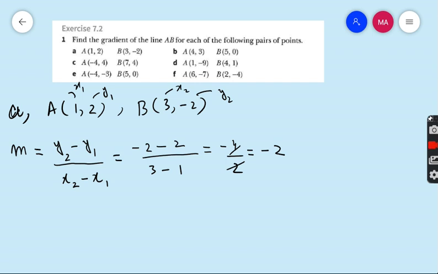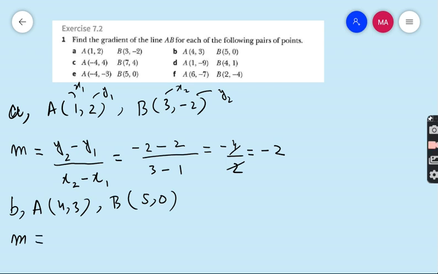Come to part B. Part B is A(4, 5), B(5, 0).